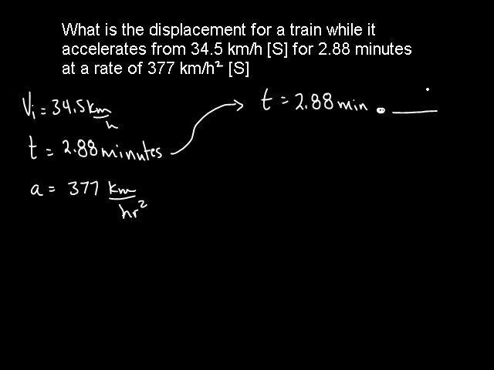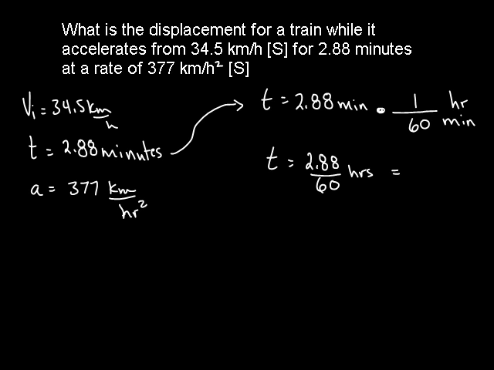It's going to be some value or fraction that we need to multiply by, and I need to cancel out the minutes. So put minutes down below, and I need to convert it to hours. So in 1 hour, how many minutes are there? Well, there's 60. So time is equal to 2.88 divided by 60, and that's going to give us hours.